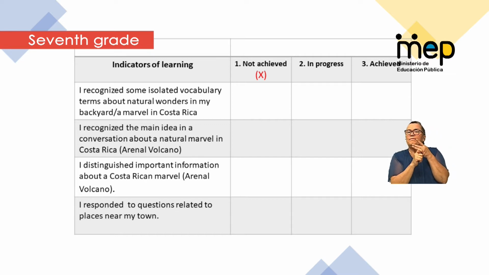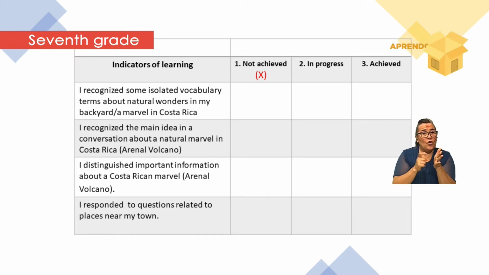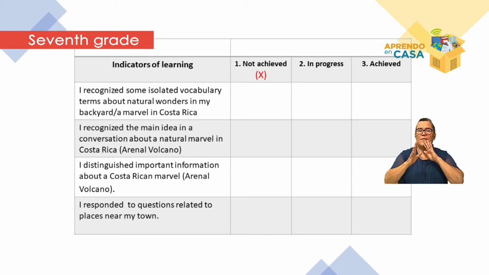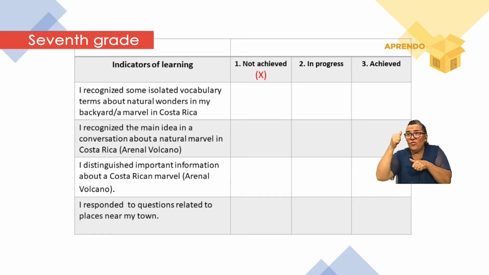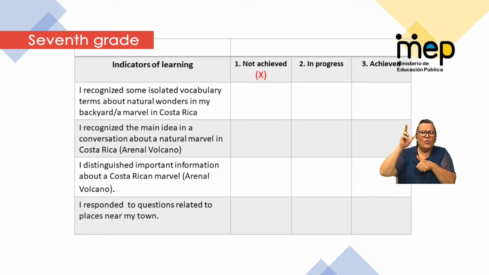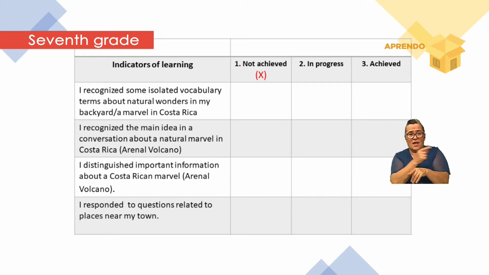It says, I recognize the main idea in a conversation about natural wonders in Costa Rica. Okay, guys, do you remember the audio? The information about the volcano, the hot spring, and the local river. So, we recognized that information, of course.